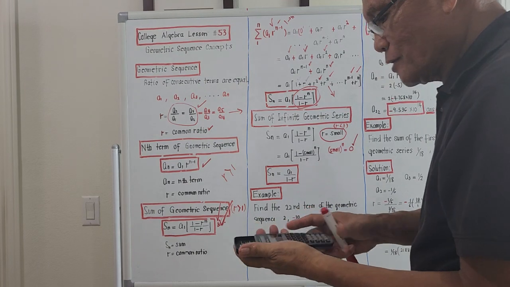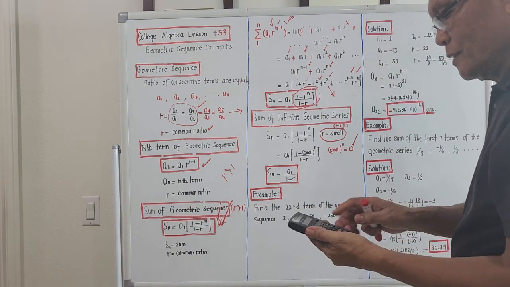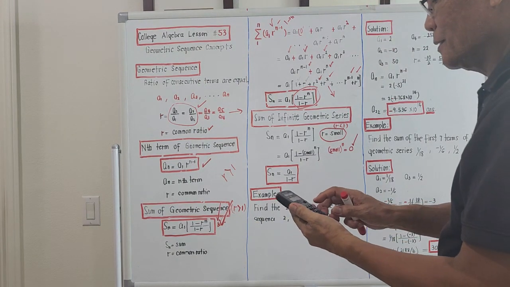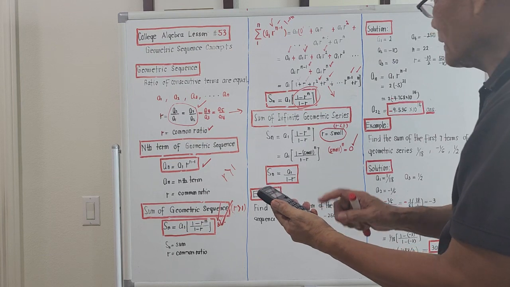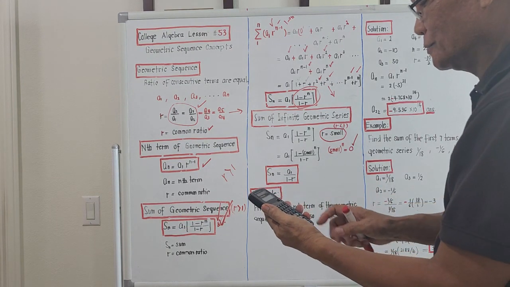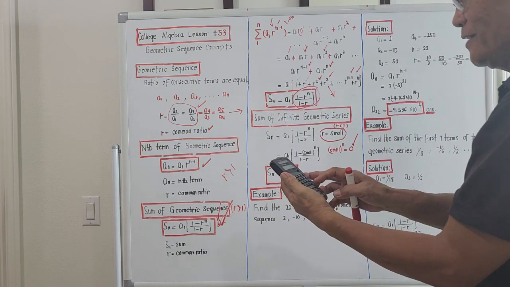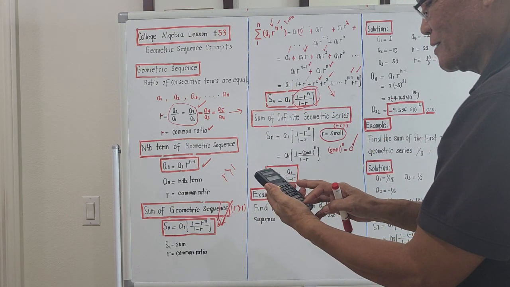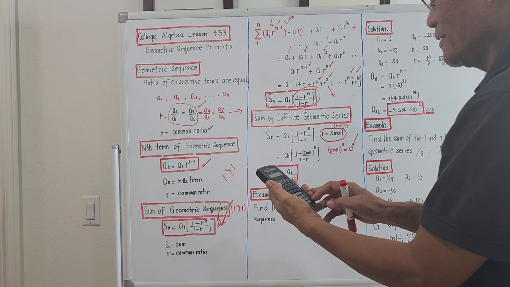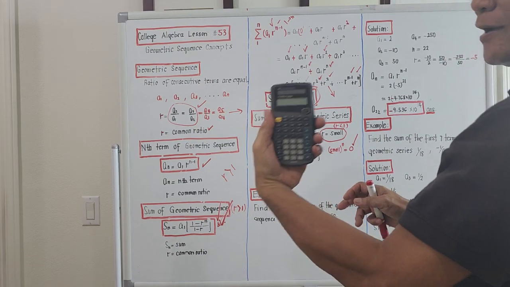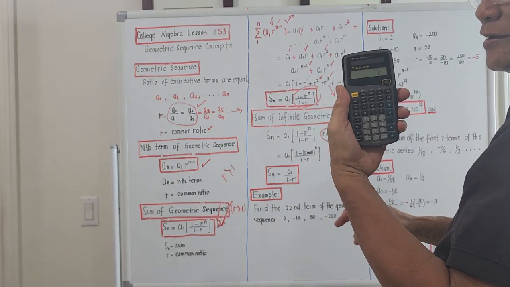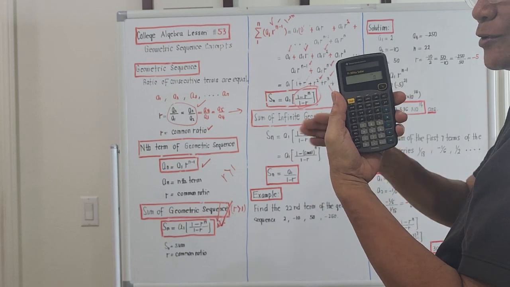I will give you an example, like a number less than 1, a 0.2. We raise this to 1,000 times. The value is not 0, but it's almost 0.